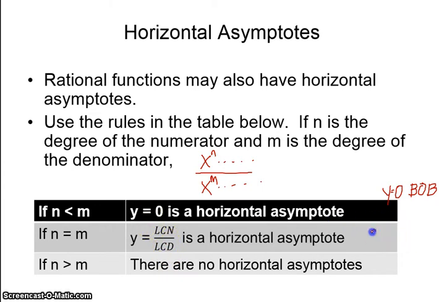There's not a fun little saying for that. If n is more than m, so if it's bigger on top, that's no-bot, because there is no horizontal asymptote. So yo-bob and no-bot are my shortcuts to help me remember this.